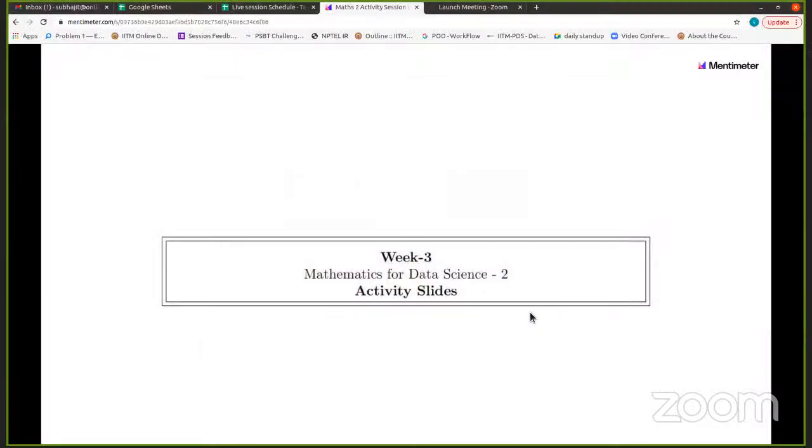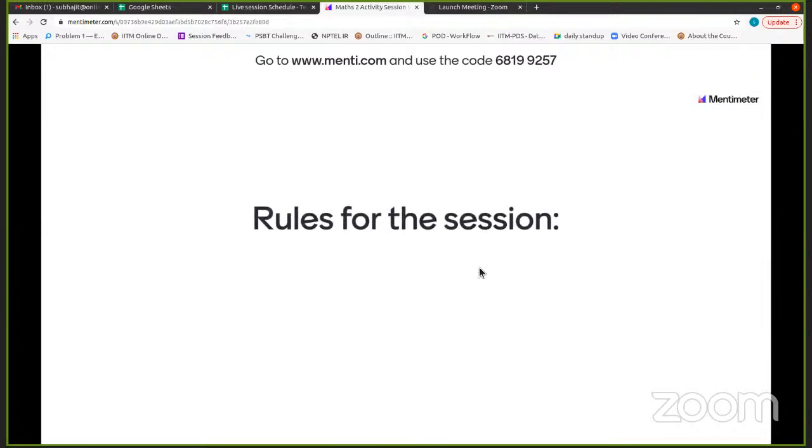Okay, so let me share my screen now. Can you see my screen? Yes, sir. So we are using Mentimeter again, and there will be a code.